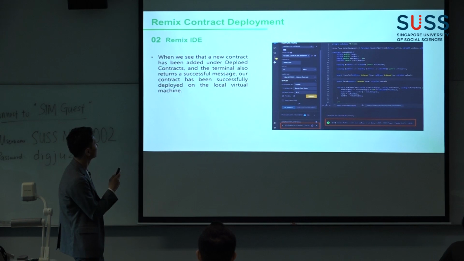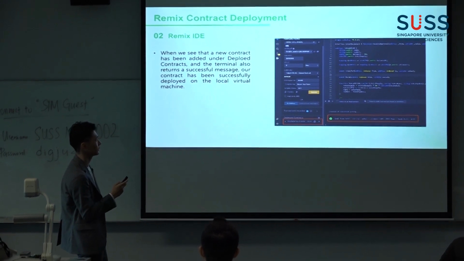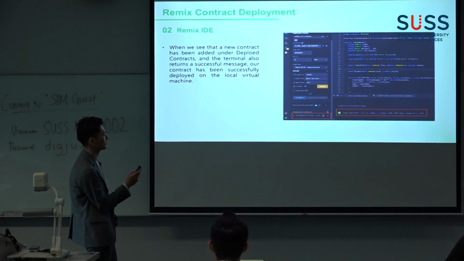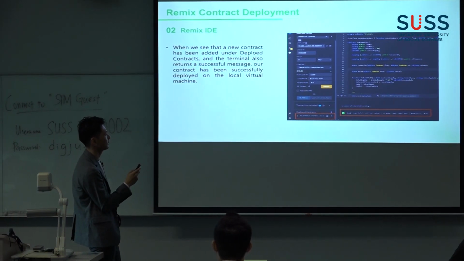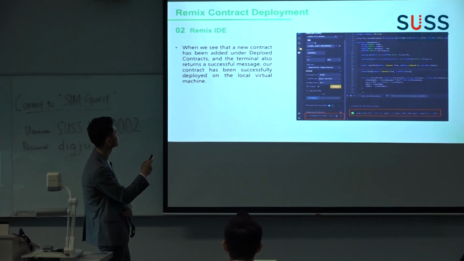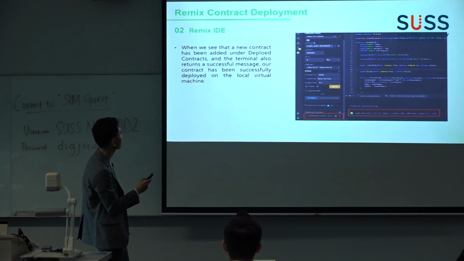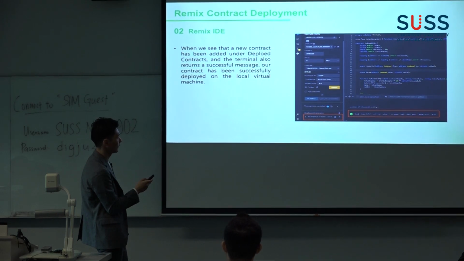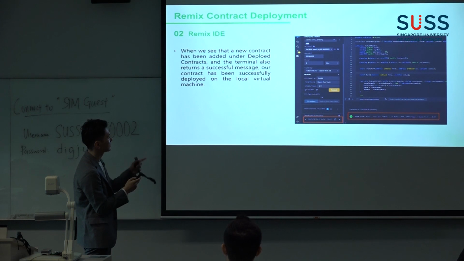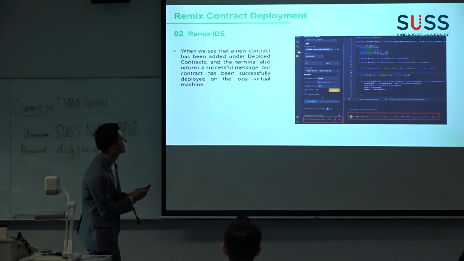Remix has a default environment called VM, so the deployed contract just exists in this Solidity VM by Remix. The address is predetermined, and you can select the address by clicking the button over there.